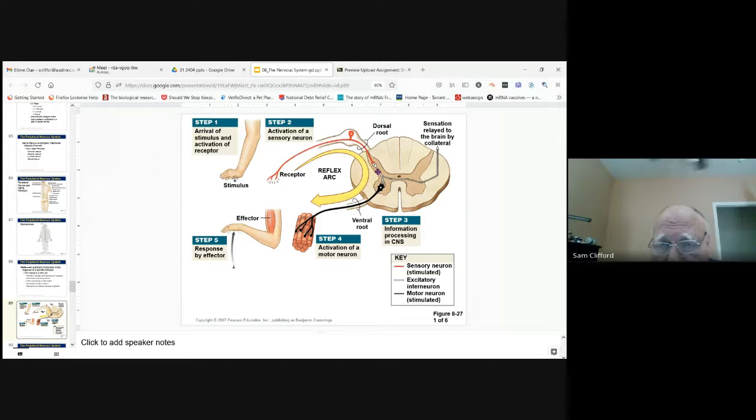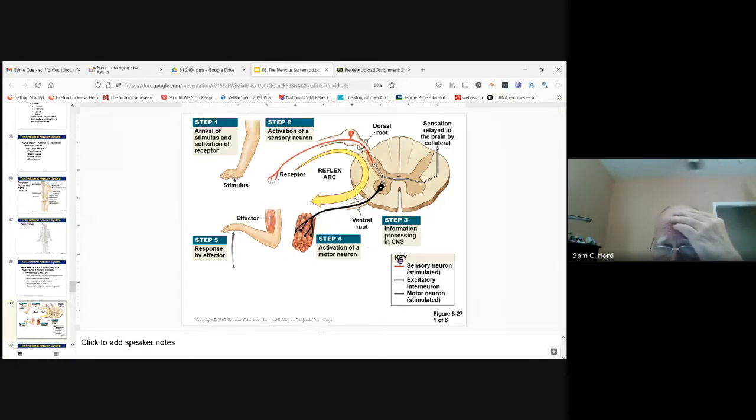There's an interneuron coordinating that information as well as sending it to the brain, because when you automatically remove your hand from danger, you do know about it. And this motor neuron is going to stimulate the appropriate muscle. Depending on where in your body the danger is, that's going to be coordinated to move the proper muscles.